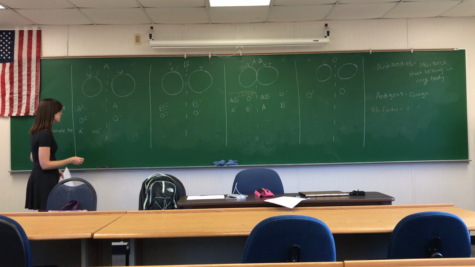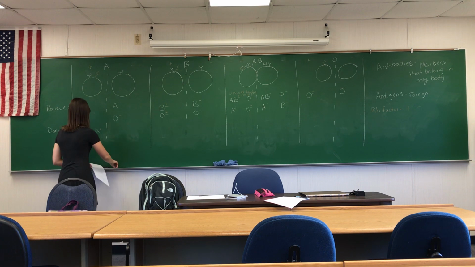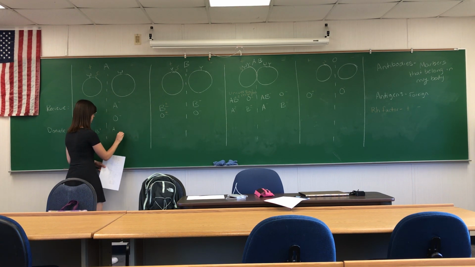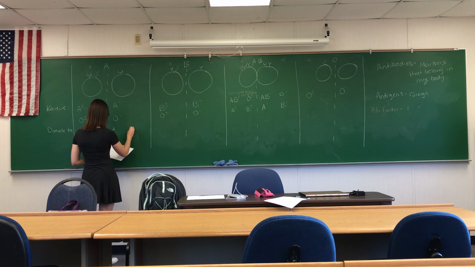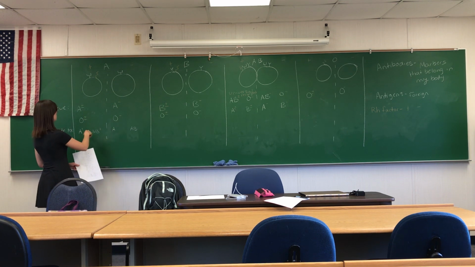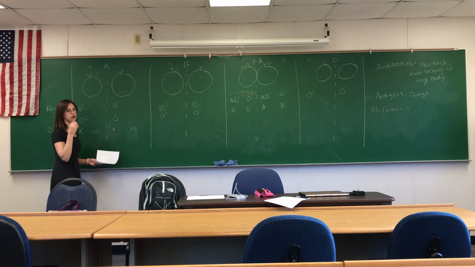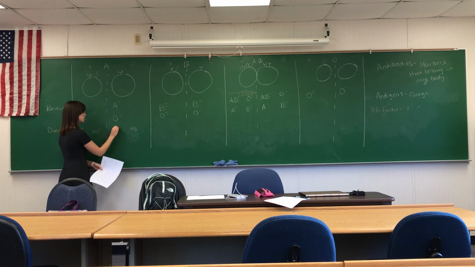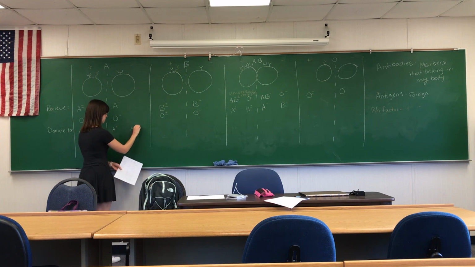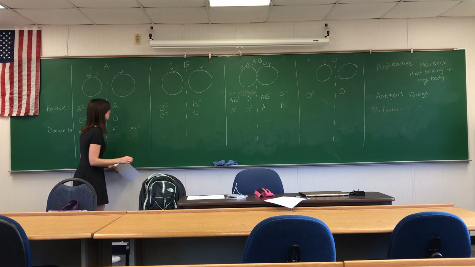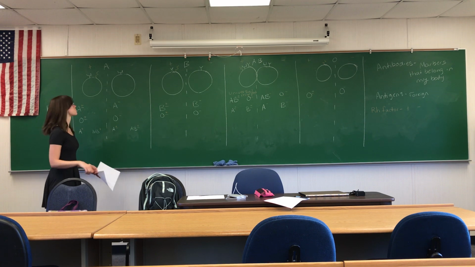But my A negative person can donate to A as well, and they can donate to AB, right? So they can donate to A and AB just the same as the A positive person, but they don't have any Rh factor that we have to worry about. So they can donate to A positive and A negative, and AB positive and AB negative. So you can donate to both of them.